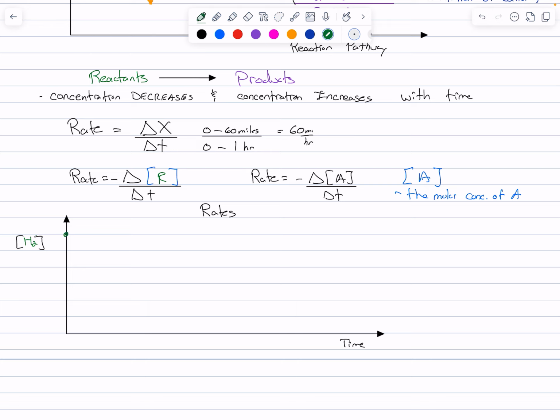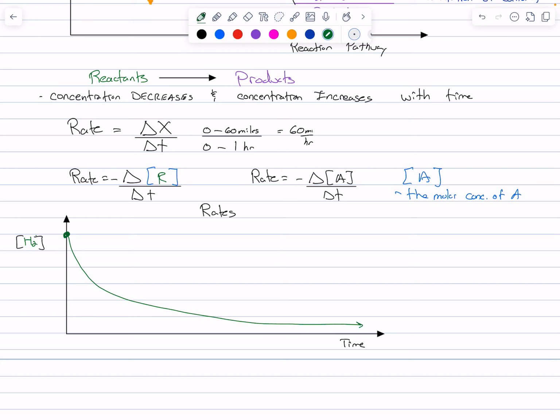It's going to start at time 0 at whatever our initial concentration is, let's just say number of molecules, and it is going to decrease with time.